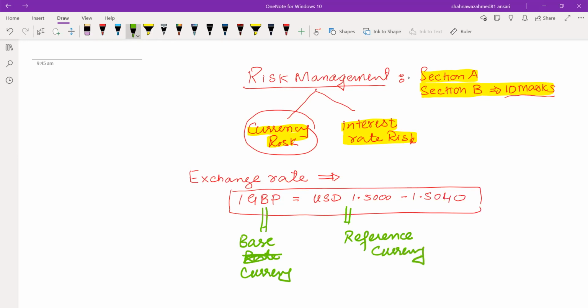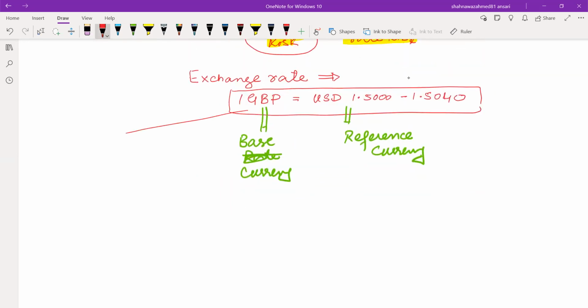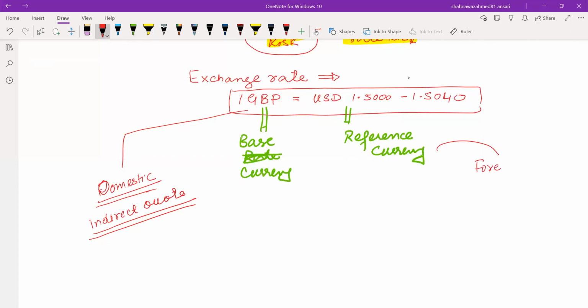So if one unit is written here and GBP is the domestic currency, then we can say that this is an indirect quote. In an indirect quote, the base currency is always the domestic currency and the reference currency is always a foreign currency.